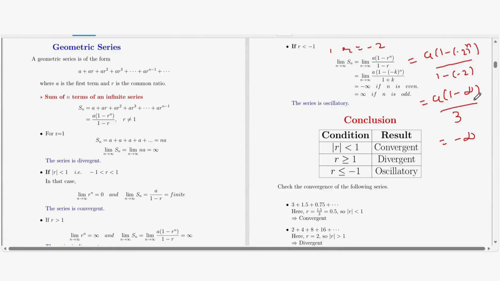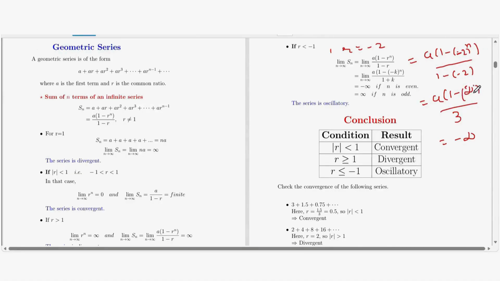Now let's check for n odd. When n is an odd number, suppose I have 1001. This negative term stays negative. Say yes or no. This is minus 2. So this minus remains as it is, and it is raised to infinity. So we get minus infinity.